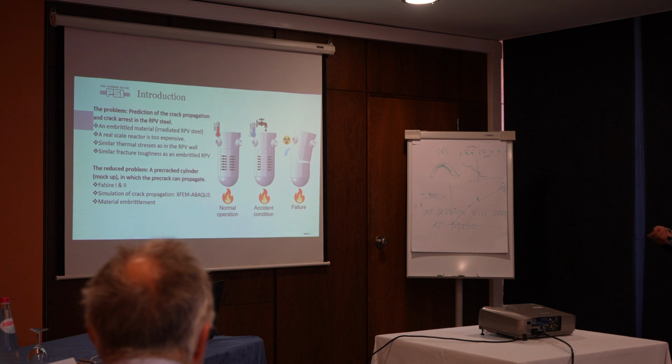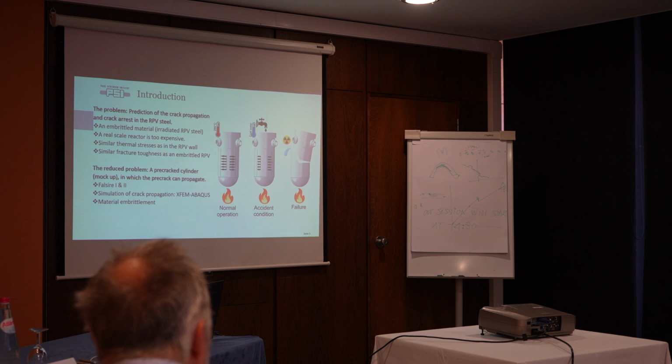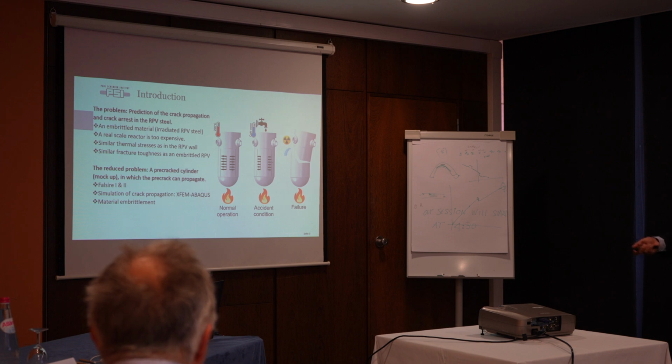In the presence of an initial defect, this can produce crack initiation if there is enough embrittlement of the material due to neutron embrittlement. So in the worst case scenario, we could have crack propagation and failure of the vessel, that we don't want to have, of course.